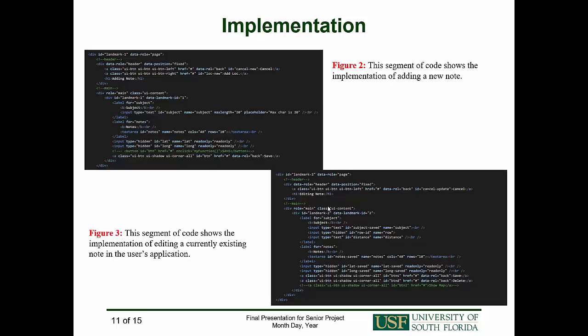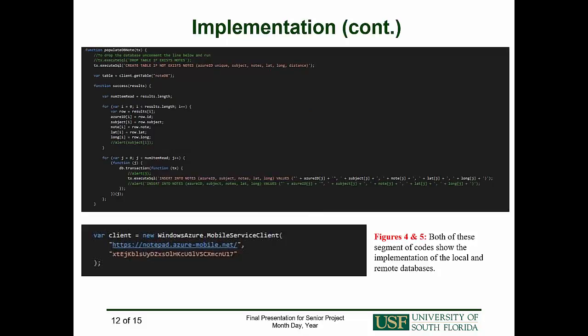If the user decides to edit the note, this is the implementation of the UI screen that shows what the user will see: the cancel button, the area for the subject, the notes, and also the area for the location, latitude, and longitude, and a save button or a delete button. If the user decides to delete their note, they will have to click on the note and enter it to be able to delete it.